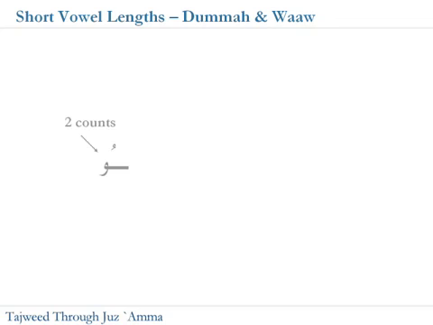And here we have the dhamma waw, which gives you the oo sound, which is 2 counts. Again, the single vowel dhamma gives you half the length of the waw. So the dhamma is half the sound of the dhamma waw long vowel, and that's how it's judged.